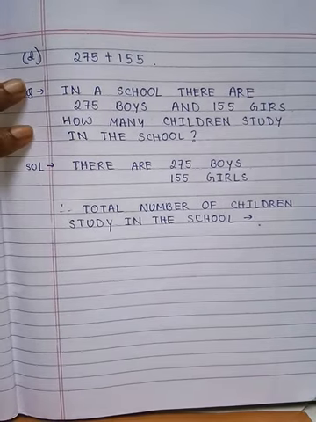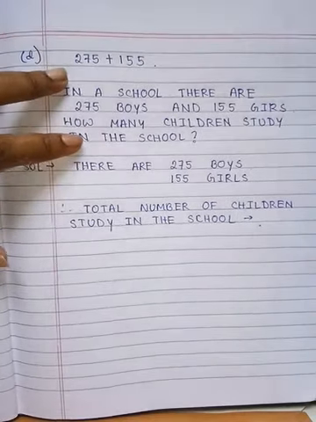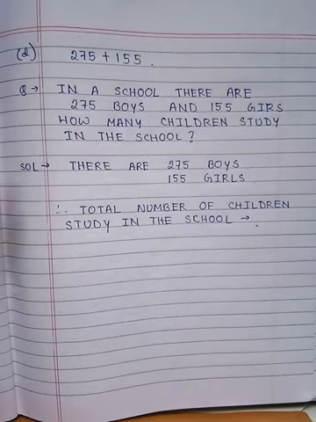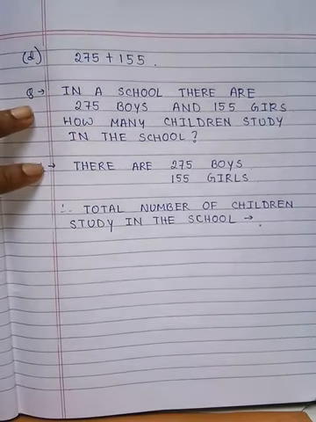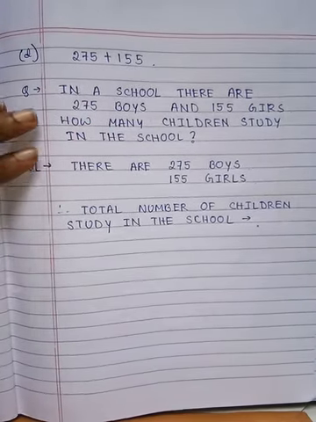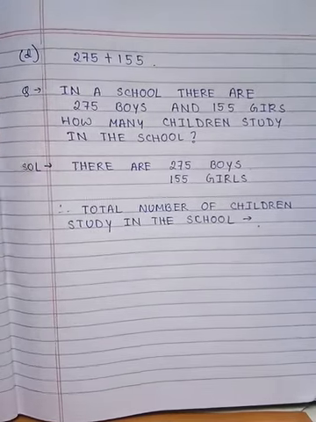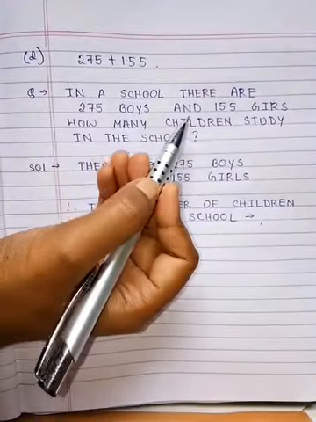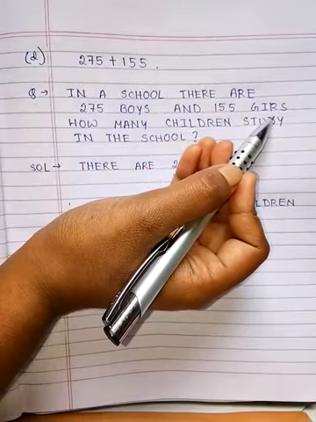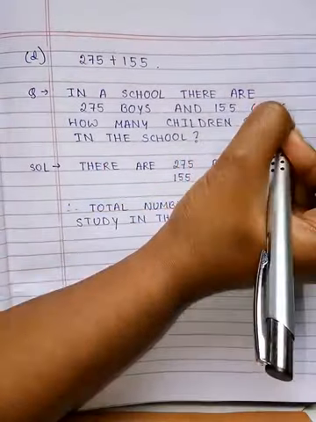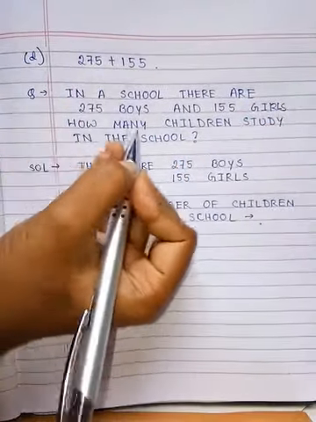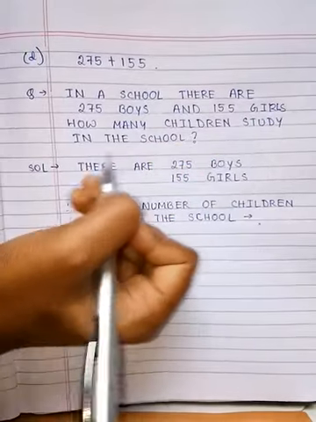Next sum number D. 275 plus 155. Now you can make the question. In a school there are 275 boys and 155 girls. How many children study in the school?